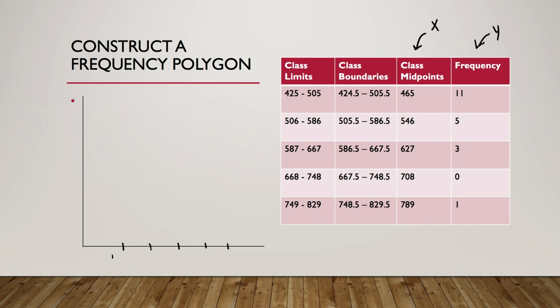So starting with 465, and then 546, 627, 708, and 789. We're going to use a label, either class midpoints or something descriptive to our data set.